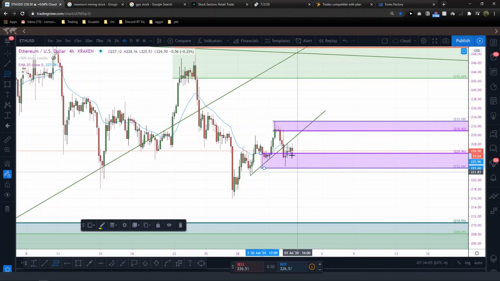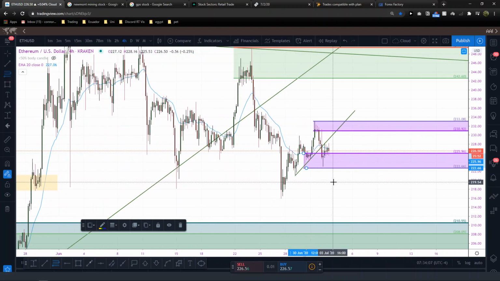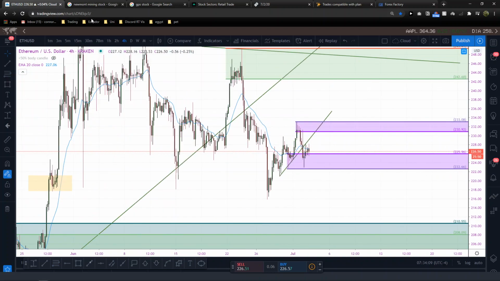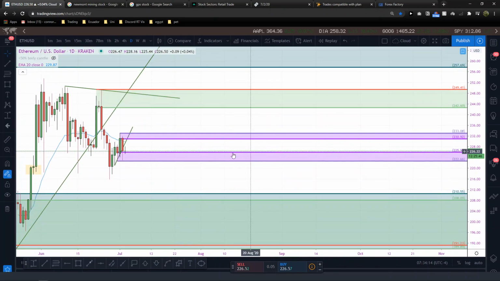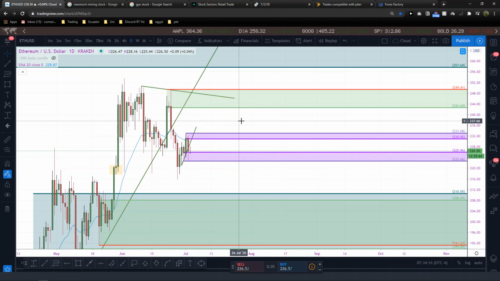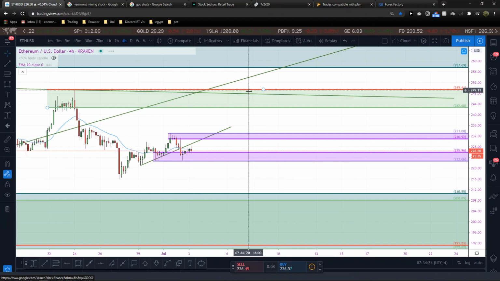Here's the 4 hour demand I was talking about. We're now sideways in this range. If we check this out on the daily, we are currently in equilibrium. So we could buy or sell, whatever shows opportunity.